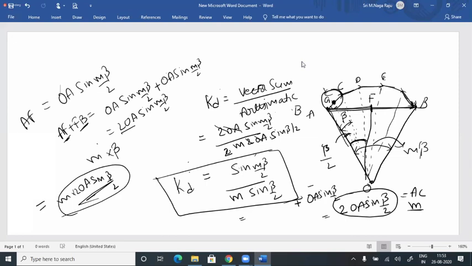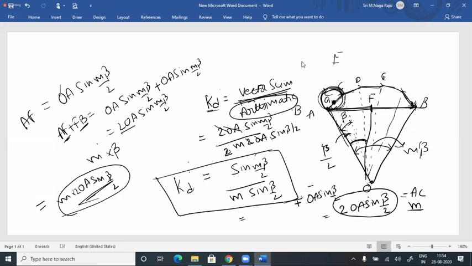I'm repeating again, we will go from the back. The formula is that KD is vector sum by arithmetic sum. First, we need to find the arithmetic sum. Arithmetic sum means we have to add all the magnitudes of the EMF induced in all the conductors. So the EMF induced in each conductor is E. This is AC plus CD plus DE and so on, and the magnitude of EMF induced in each conductor is the same, that is E. Therefore, first find the EMF in one conductor, that is AC.